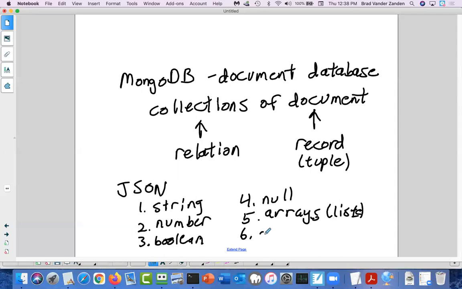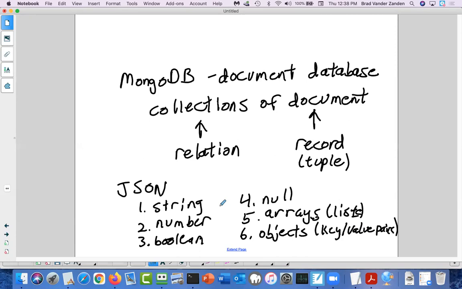And you're allowed to have objects, which are key value pairs. And the value may be any of the 6 types that you see here. So MongoDB is using JSON to represent its values.